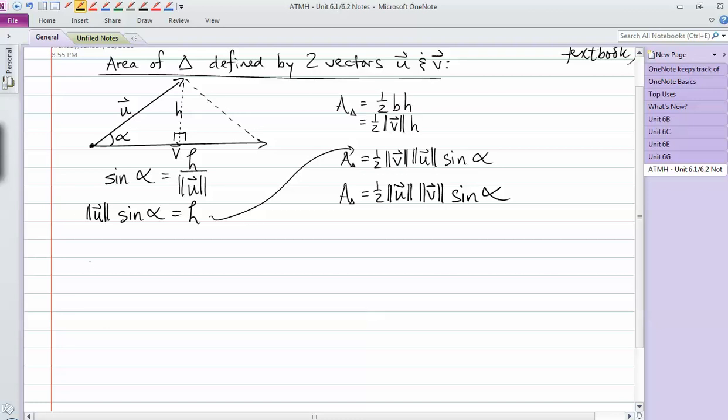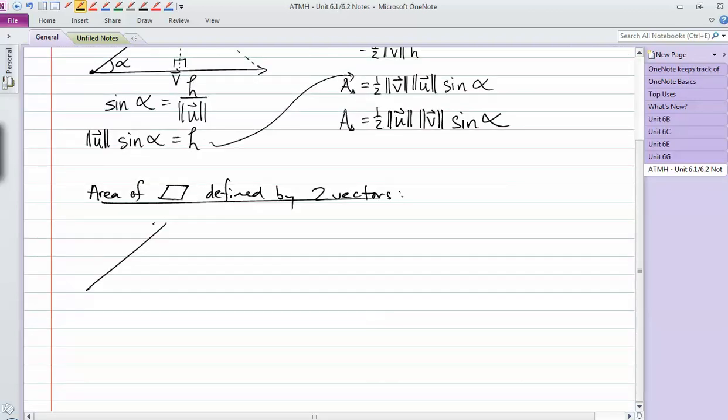So if I said, well, then what's the area of the parallelogram defined by two vectors? Then really what you do is you start out with, in this case I'll try and draw them so that they look like the same two vectors, u and v. And here's the alpha between them, the angle between them. Well, the parallelogram is really if I just put another v right here and another u right there.